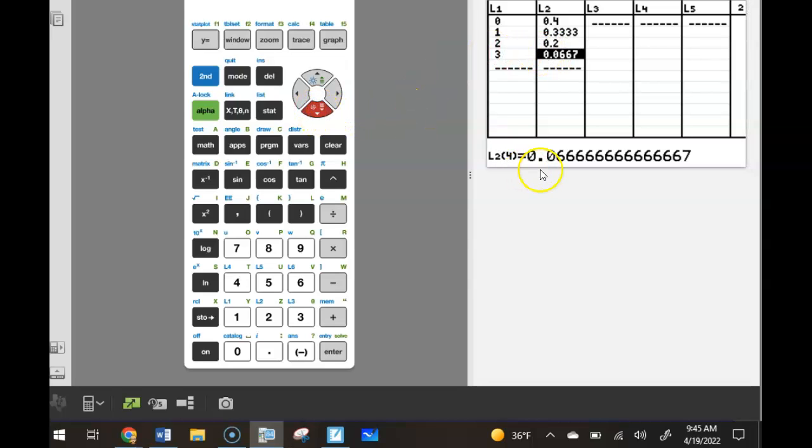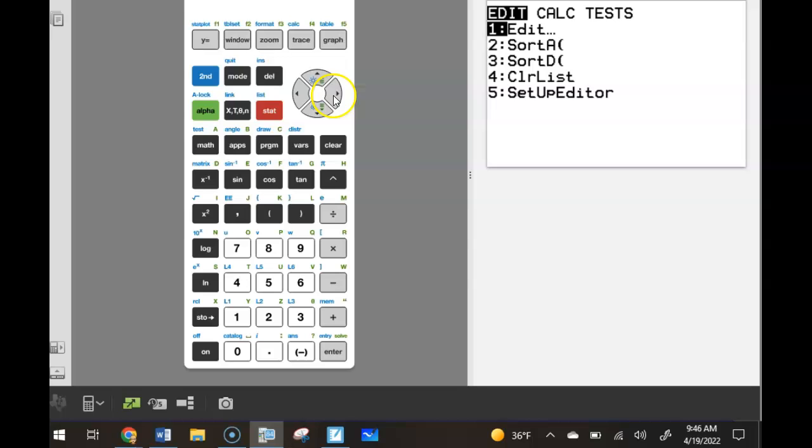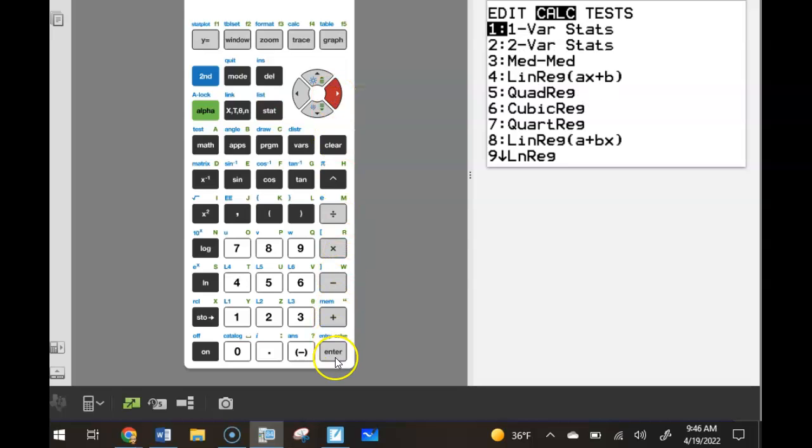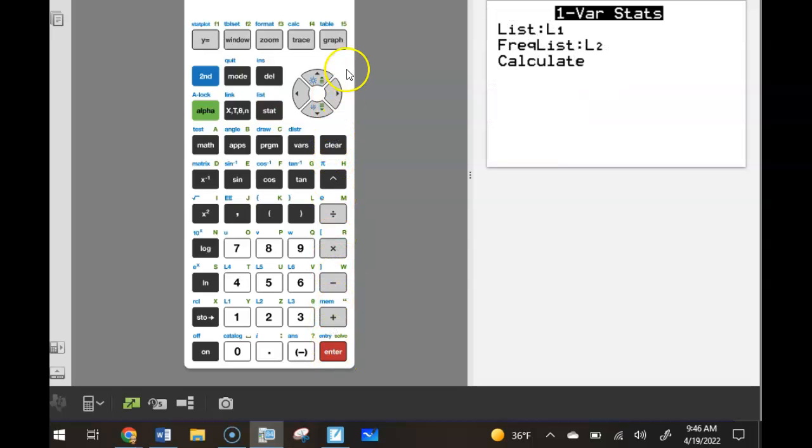And then this last one, 0.0666, or it was 1 out of 15, wasn't it? So you could just type 1 divided by 15, enter, and it'll put 0.0666. As long as you got a few 6's in there, and don't forget the 0.0666.